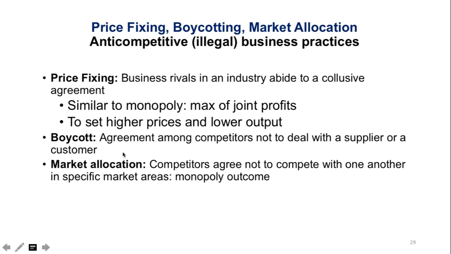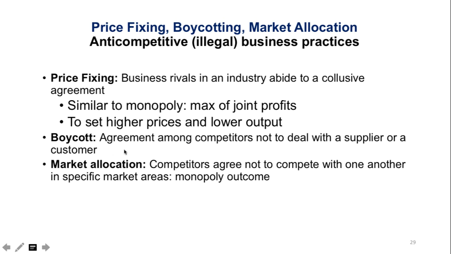Boycotting among competitors is also illegal because they try not to deal with specific suppliers or consumers. This creates barriers in the market.